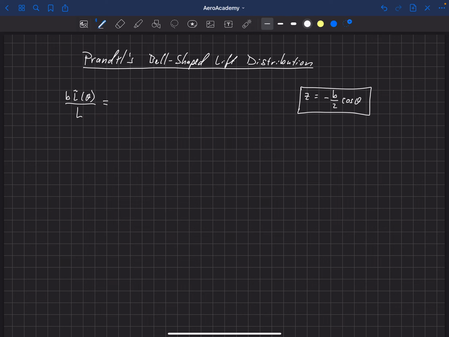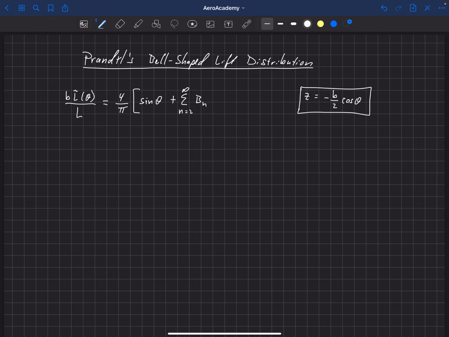So from lifting line theory, you can write this as an infinite series, and it looks like this. We have 4 over pi times the sine of theta plus an infinite series, so we're going to sum from n equals 2 up to infinity of b sub n.